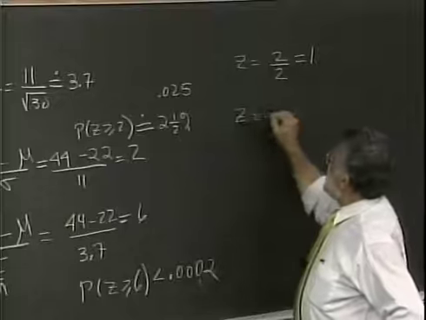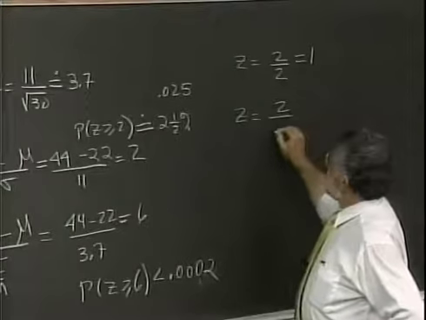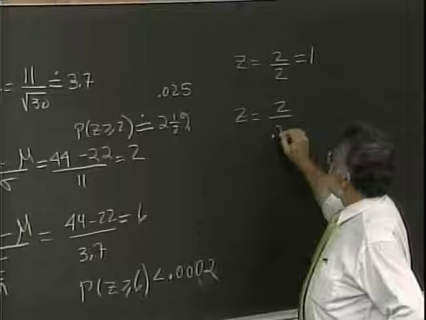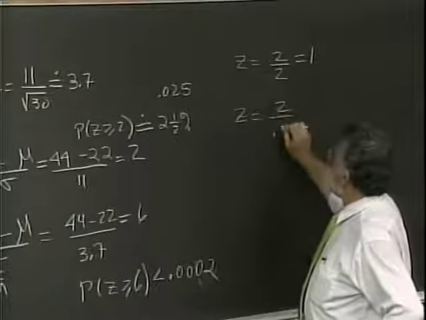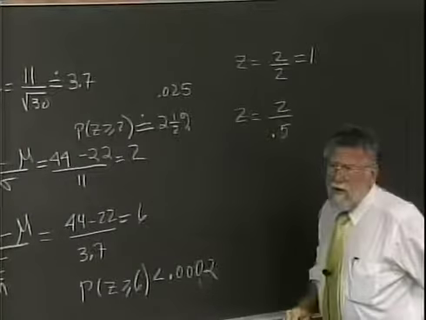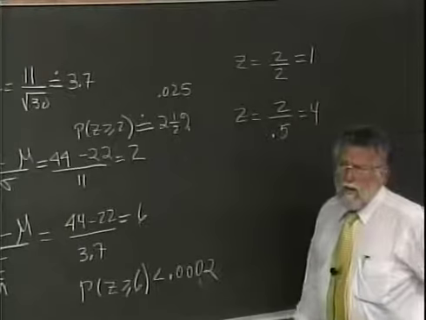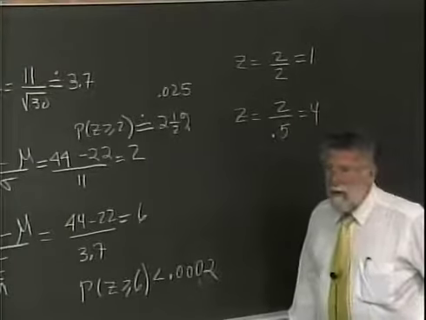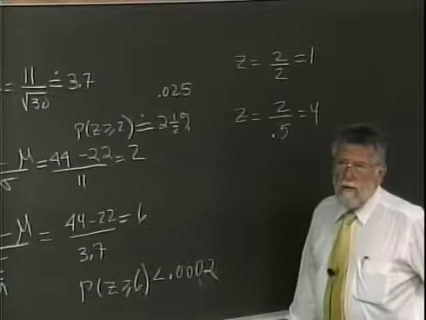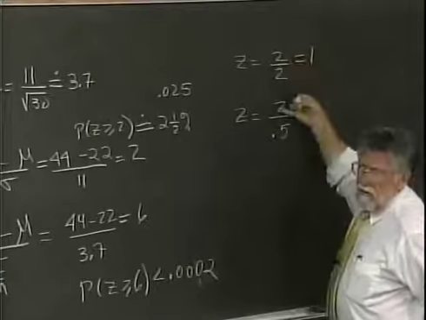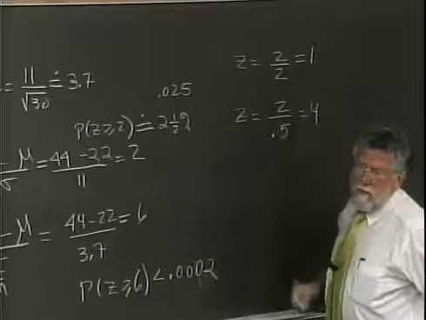But if I have a 2 here, and this is, let's just say 0.5, then this is going to go 4 times, and now the area to the right of 4 is less than 0.0002. Same change, but the standard deviation is determining what?